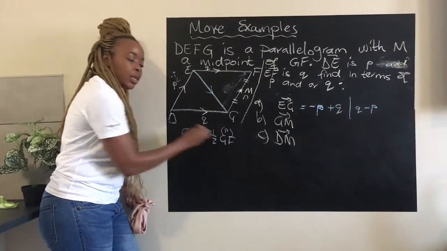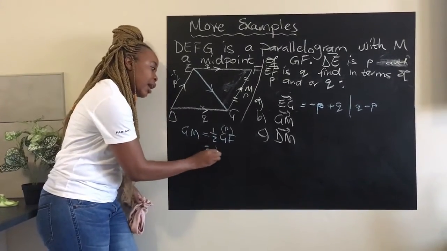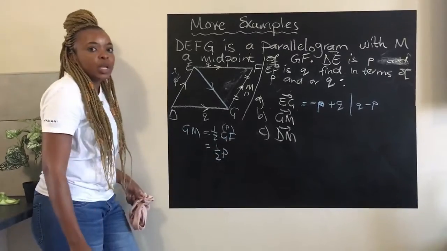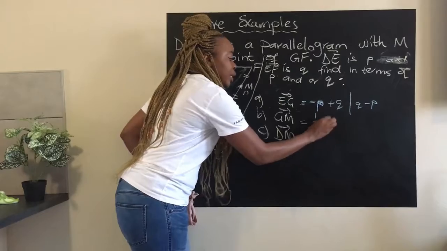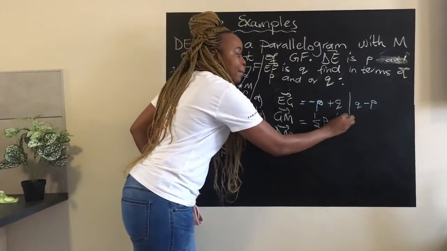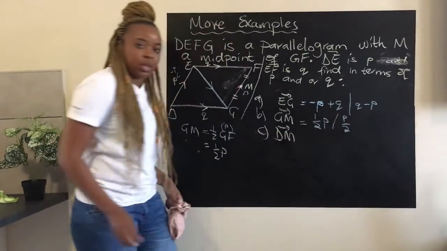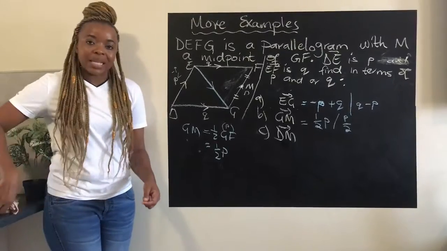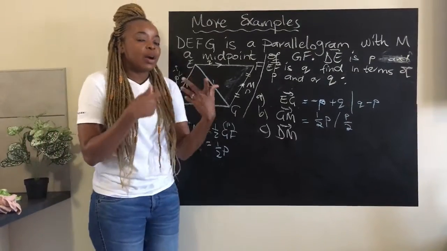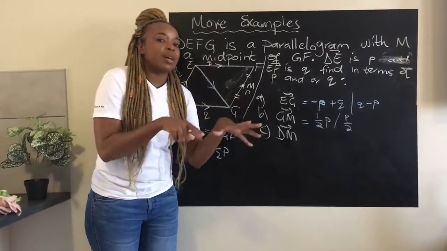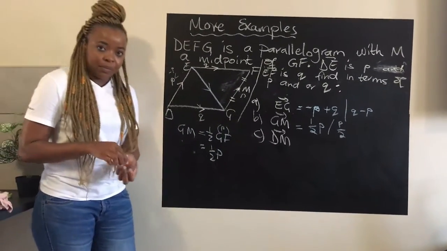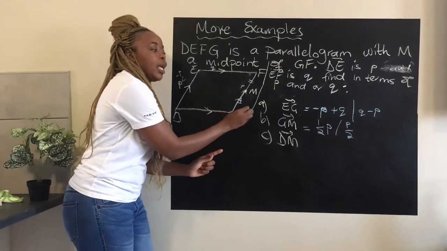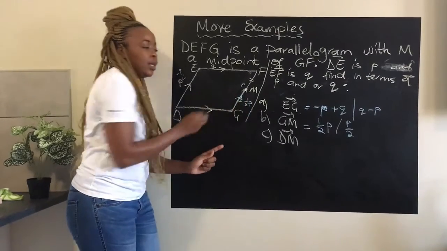GF is P. So this is half P. That means your GM is half P, or you could say P divided by 2. Those two things are the same. When you multiply something by half, it's the same thing as when you divide it by 2. Okay? So that's how you find GM. This vector from there to there is half P.